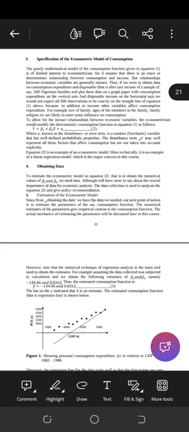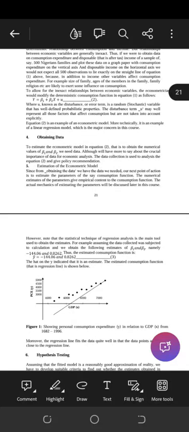Thus, if you obtain data on consumption expenditure and disposable income of a sample of say 500 Nigerian families and plot this data on a graph paper with consumption expenditure on the vertical axis and disposable income on the horizontal axis, we would not expect all 500 observations to lie exactly on a straight line of equation 1 above, because in addition to income, other variables affect consumption expenditure.